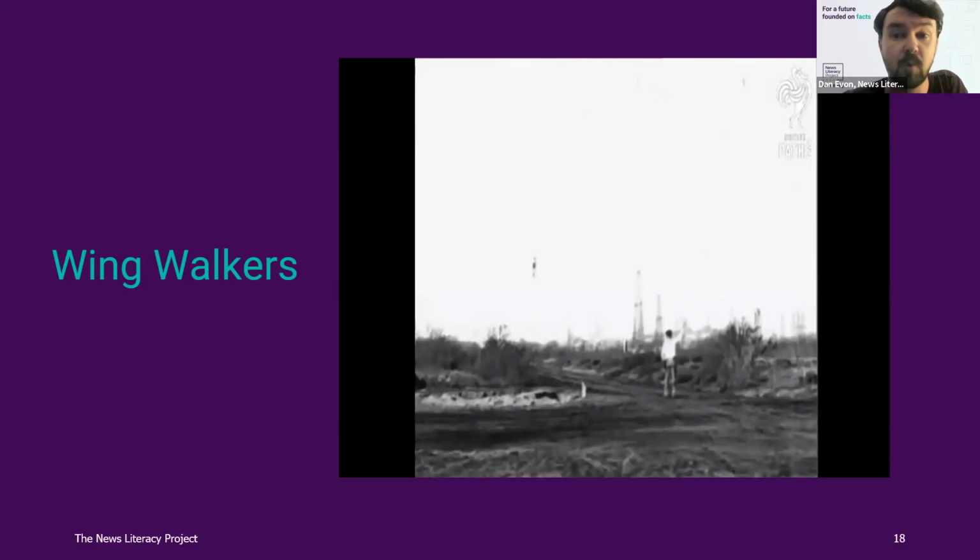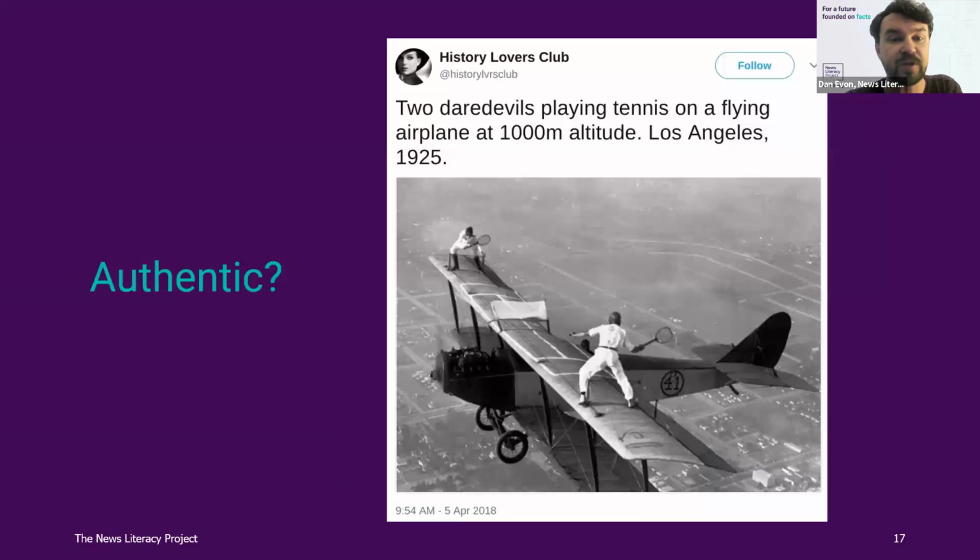We have to look for more evidence than that. When we look at something like this, we can make an assumption. We can say we think it is real or we think that it's fake, but we really need to find evidence to prove that. So critical observation is a key aspect of being news literate, but it's really not enough. It's kind of the first step in a longer process.